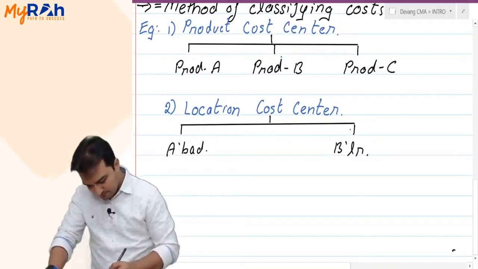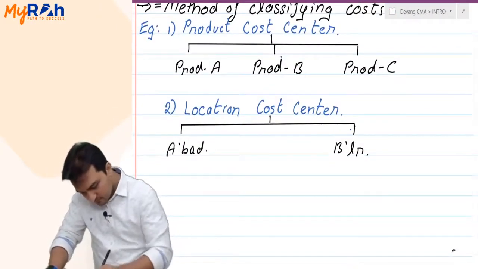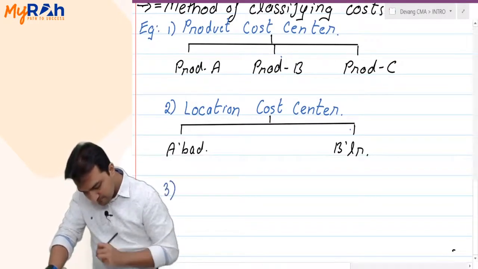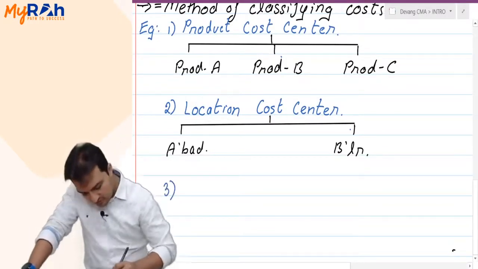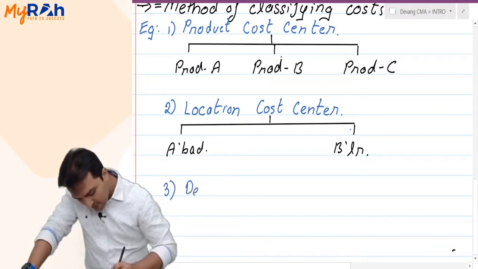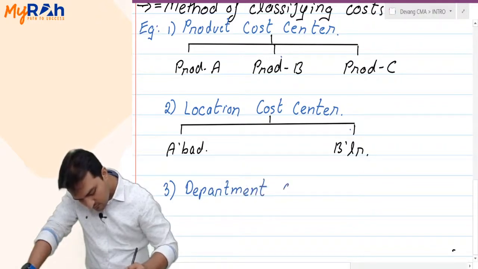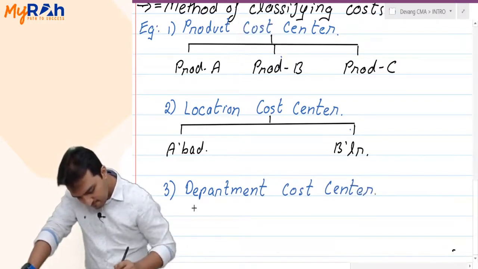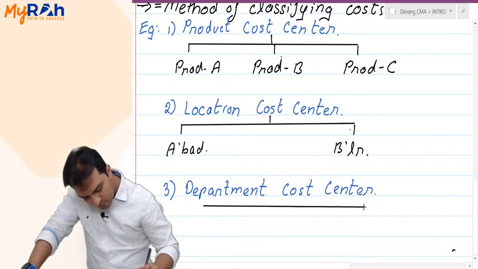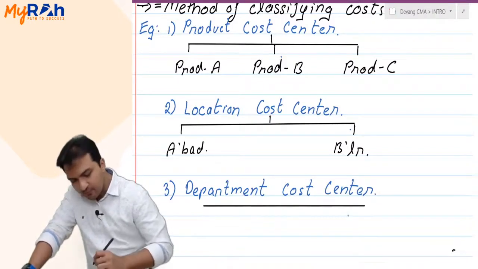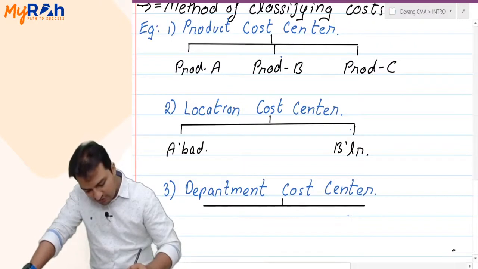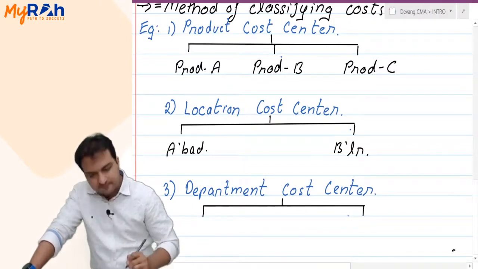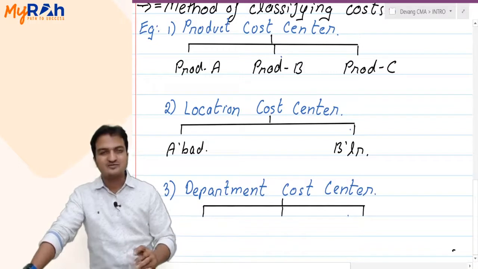And the third one that you should also learn is called as department cost center. Where if my company does not have more than 1 product, my company also does not have more than 1 branch, then I might classify my costs department wise.